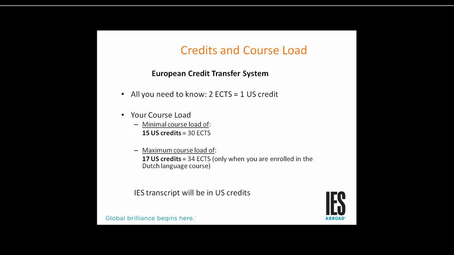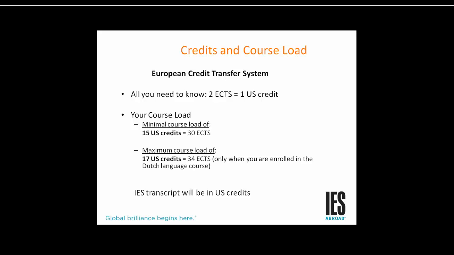So in Europe and at the University of Amsterdam, as well as the Vrije Universiteit Amsterdam, we work with the European credit transfer system. And what is important for you to know is that 2 European credits are the same as 1 US credit. So they convert into 1 US credit. Your course load in Amsterdam will be a minimum of 15 US credits or 30 ECTS.